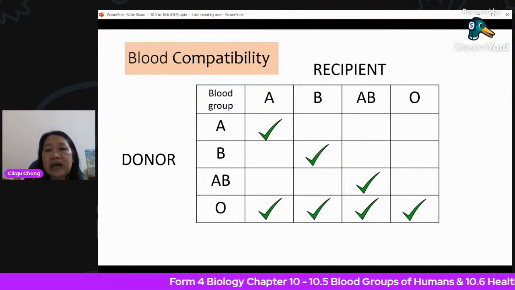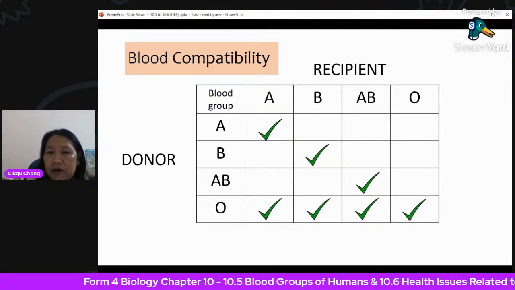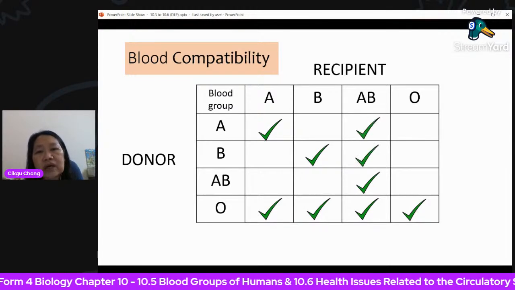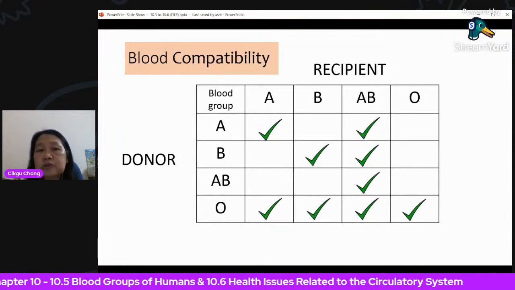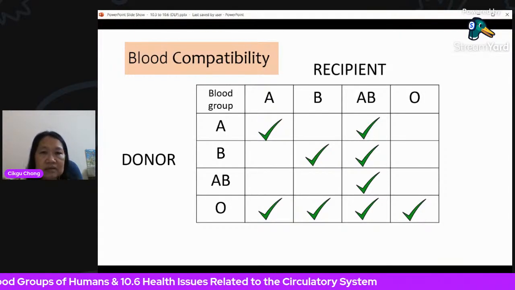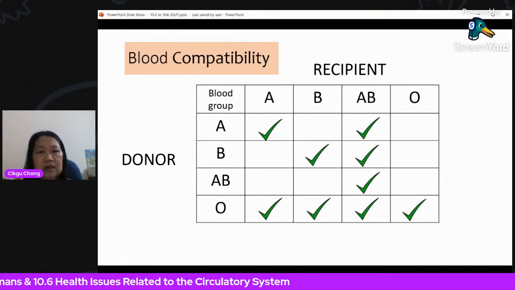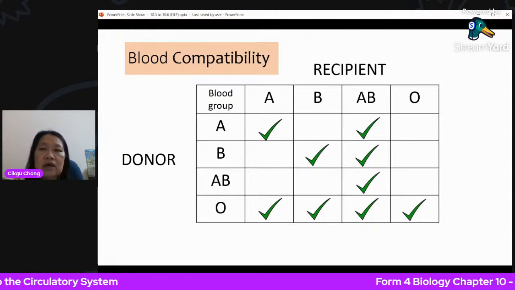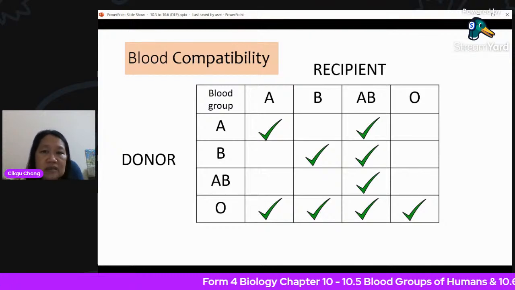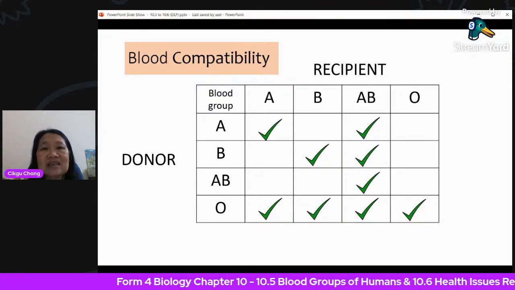So there's not going to be any agglutination. Therefore, AB is able to accept everybody's blood. A can give to AB, B can give to AB, because AB does not produce antibody A nor antibody B.